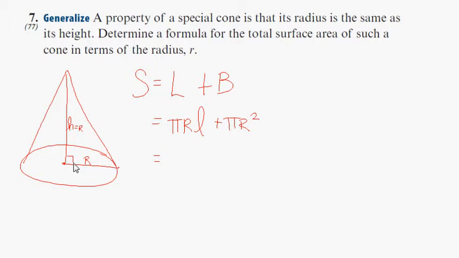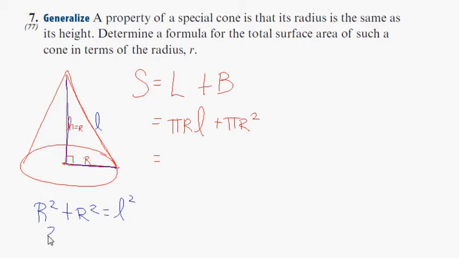We know this is a right angle, so we're going to have to delve into that a little bit. Notice that we can say this is a right triangle, so the slant height is actually going to be the hypotenuse. So off to the side here, let's take r squared plus r squared, and I'm getting that from this leg and this leg, and I'm trying to find this L, the slant height squared.